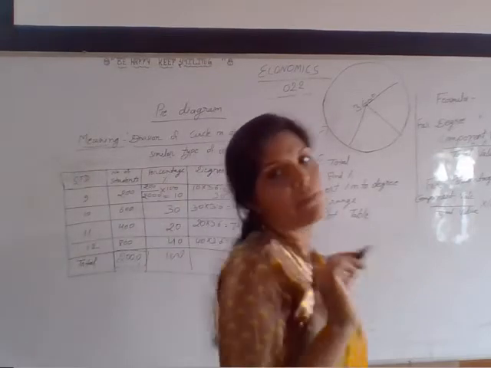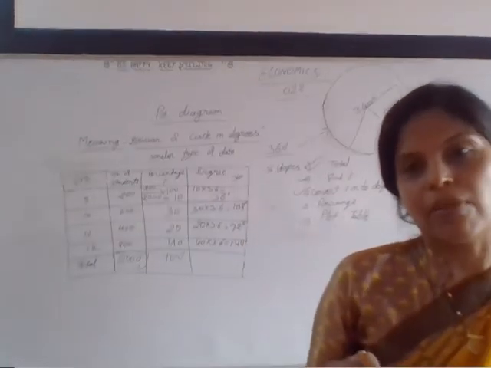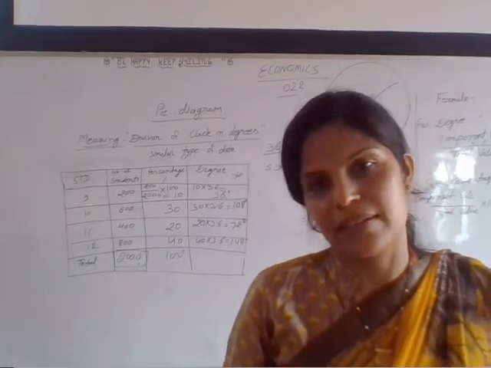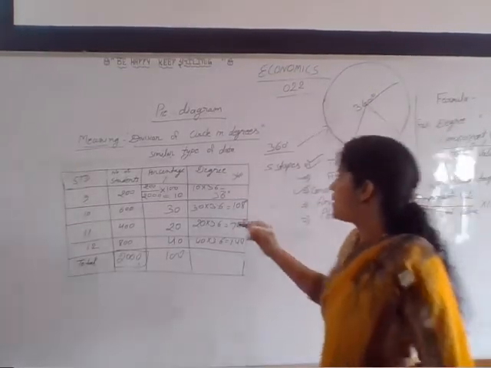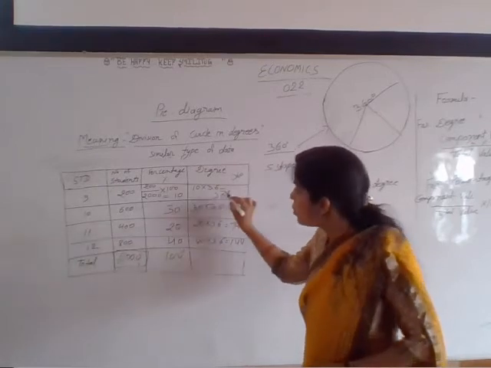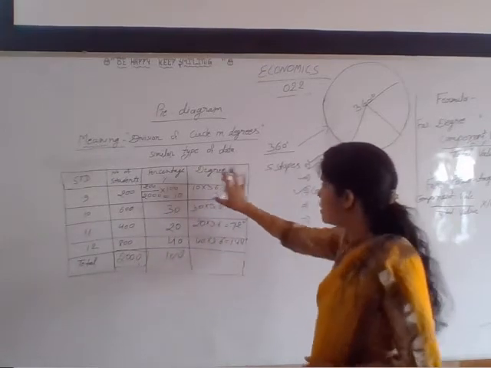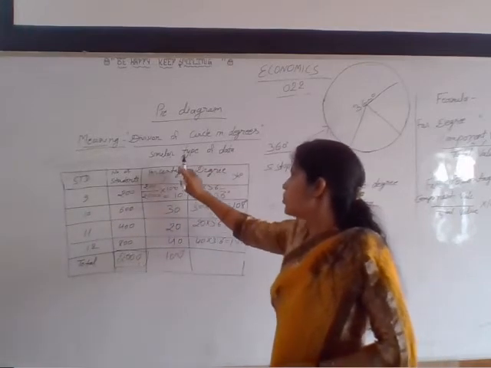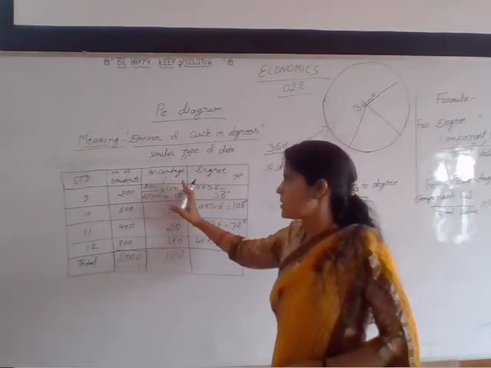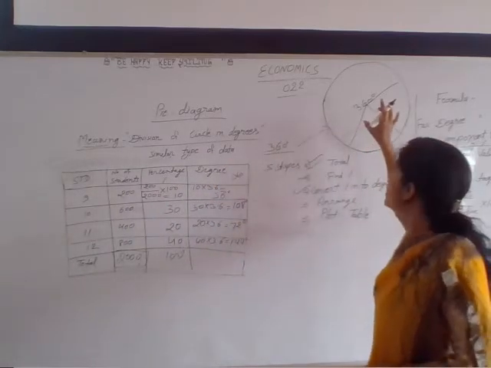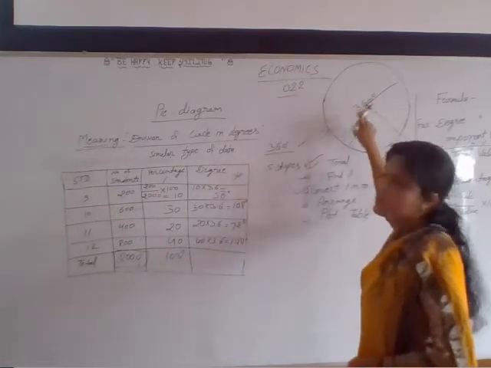Okay, these values will be put. With the help of these values, we can do the pie chart. We cannot show this percentage directly in our pie diagram. We can show only degrees. If this column is not here and I say students draw the pie diagram with the help of this percentage, we cannot directly mention this percent, we cannot measure in this circle.